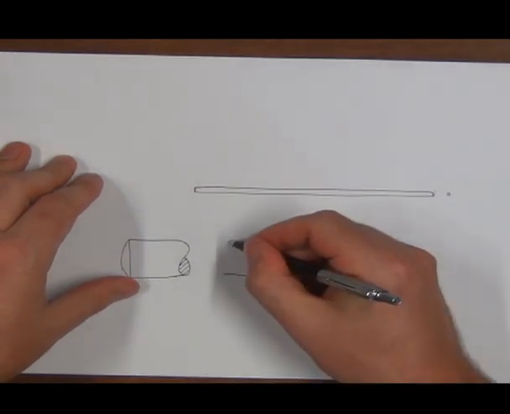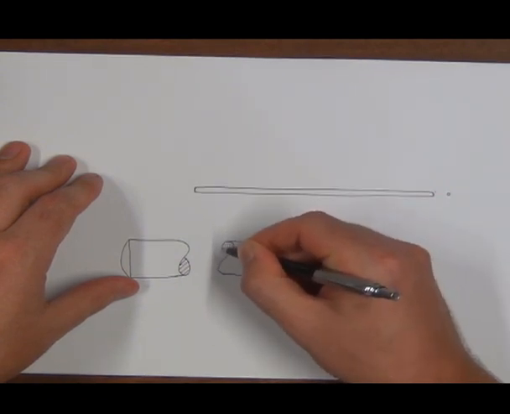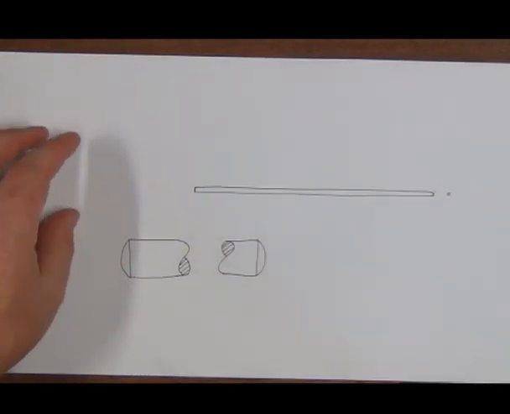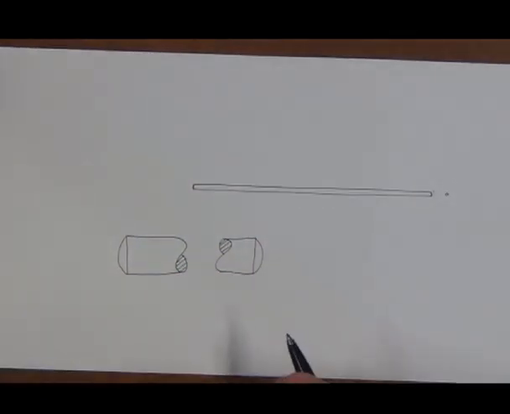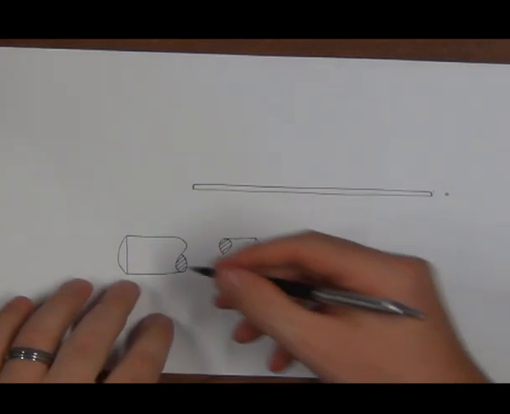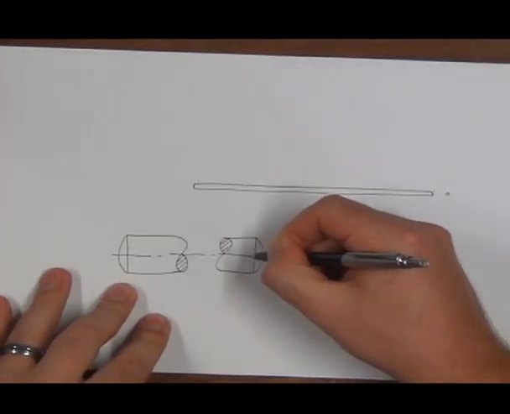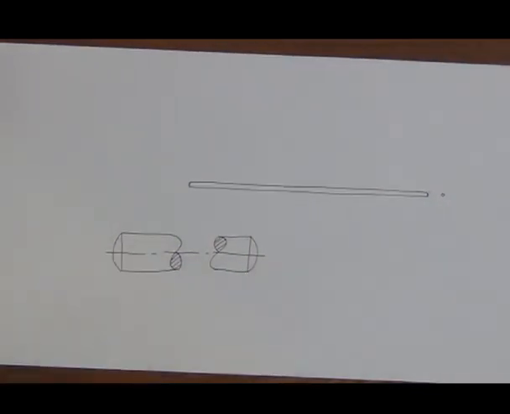We do the same S shape on the other side. Like that. So this is now the correct way to break a long cylindrical object. The center line will go straight through both sides.